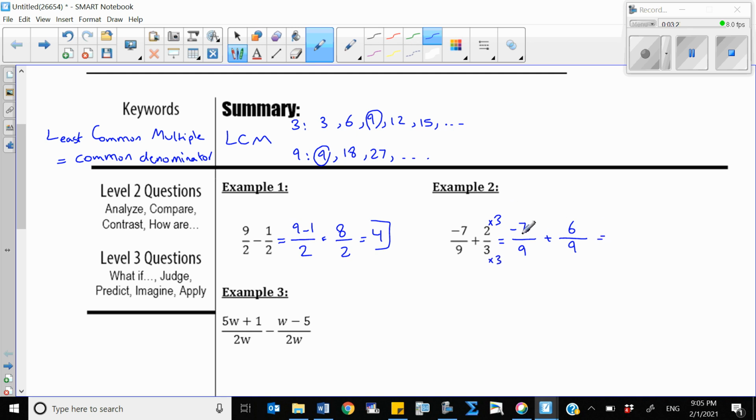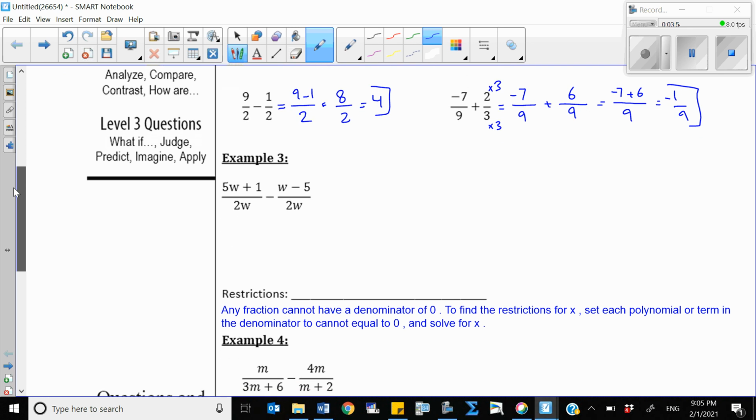Okay, now we have changed the two fractions in a way that we have the same denominator for both, like the one that we had before. So I can find the answer easily. One fraction, keep the denominator, and do the operation on top. Negative 7 plus 6, which will be negative 1 over 9. And we cannot simplify this, so this is our final answer.